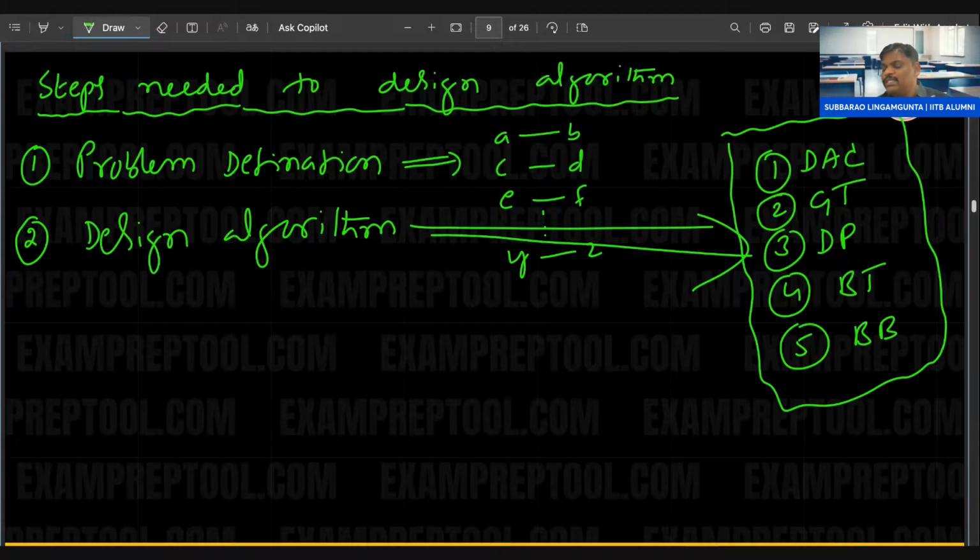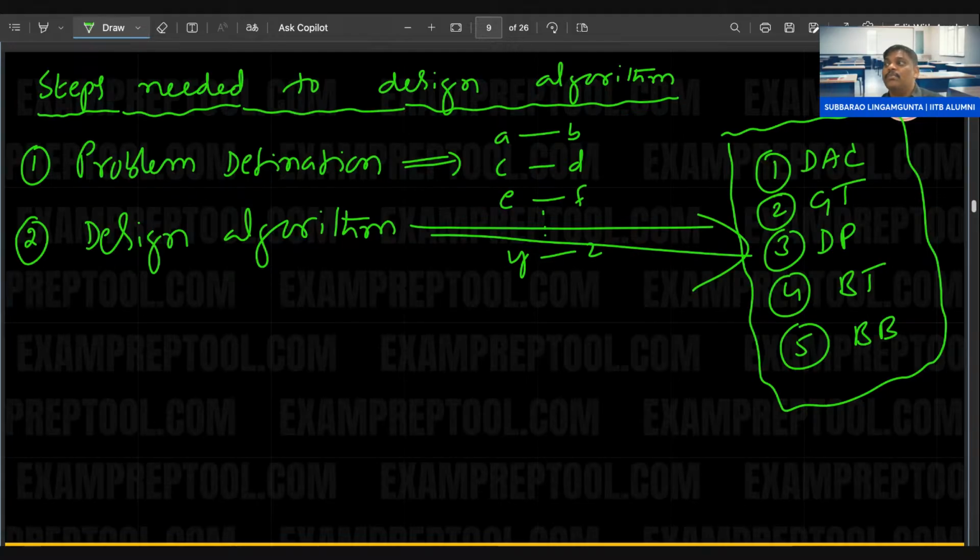You need not design an algorithm from scratch every time. Some people think that they will design the algorithm from scratch every time. You can do that, but it is time consuming. The best idea is that so many algorithms are already designed. Your problem is approximately like some problem that already exists.